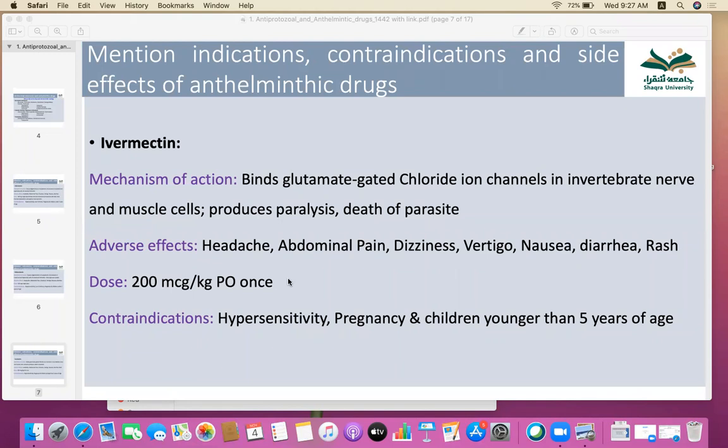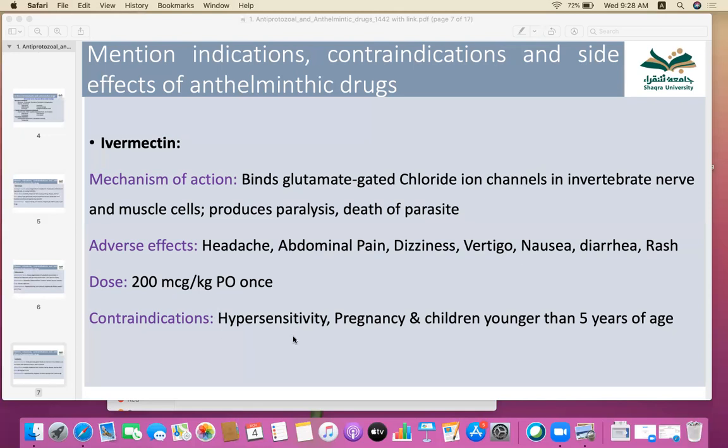Adverse effects: headache, abdominal pain, dizziness, vertigo, nausea, diarrhea, rash. These are the common and general adverse effects, not specific ones. The dose is 200 mcg, and mcg means microgram per kg, PO once, by the oral route, taken at once.